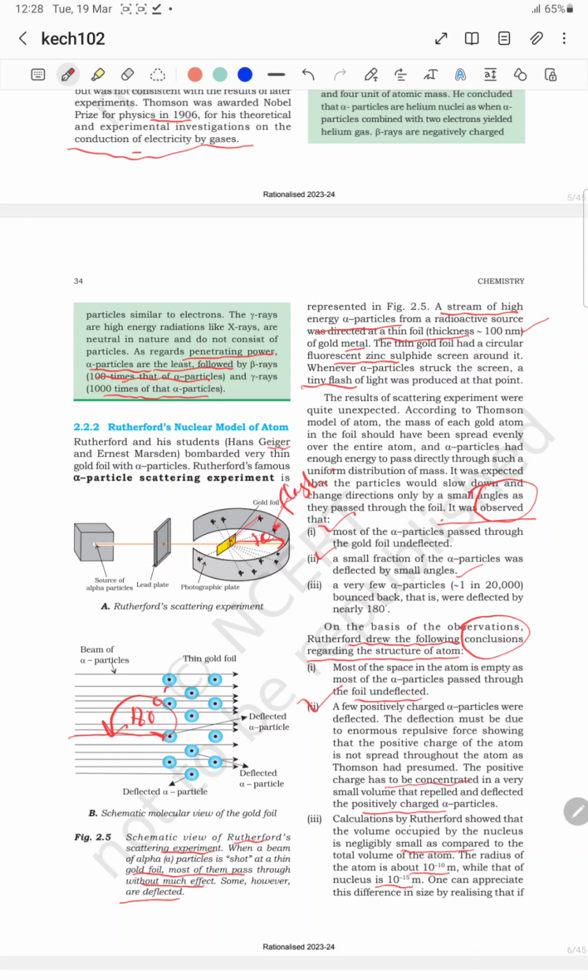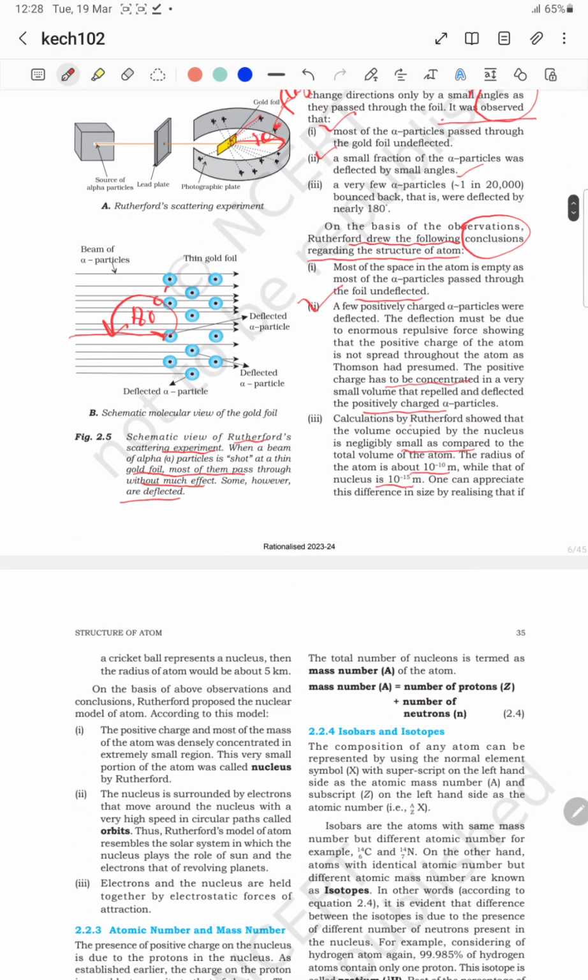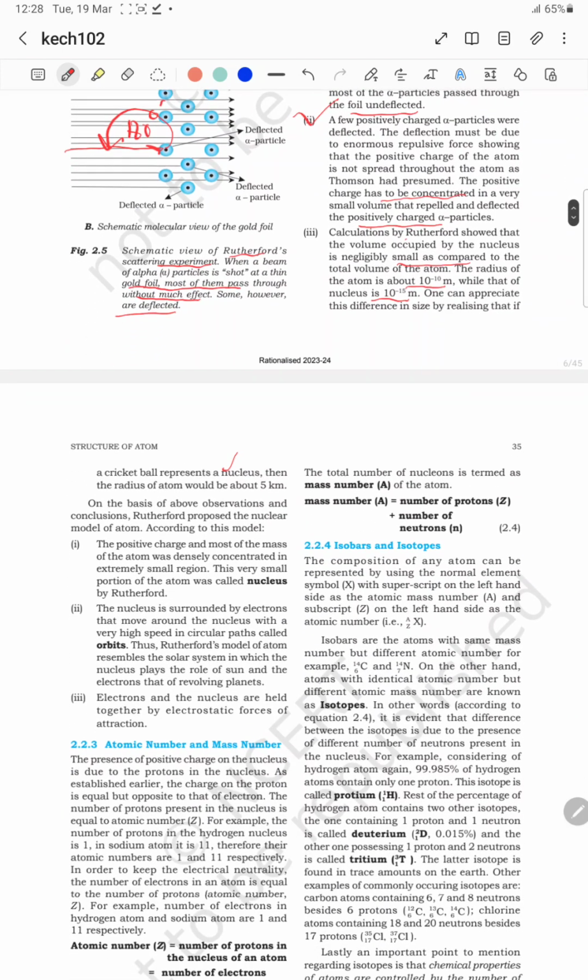One can appreciate this difference in size by realizing that if a cricket ball represents a nucleus, then the radius of atom would be about 5 kilometer. Then on the basis of the above observation and conclusions, Rutherford proposed the nuclear model of atom. According to this model, the positive charge and most of the mass of the atom was densely concentrated in an extremely small region.